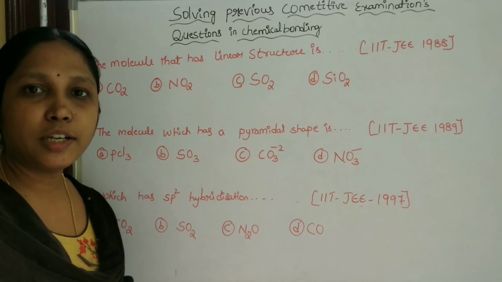Like that, we set the hybridization of a molecule. If you know the hybridization, you will also know the shape, geometry, and angles present in the molecule. So CO2 is an sp hybridized molecule with a linear structure. So among the 4 molecules, CO2 has a linear structure.